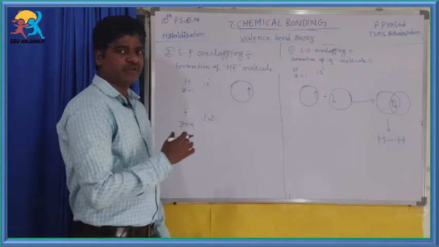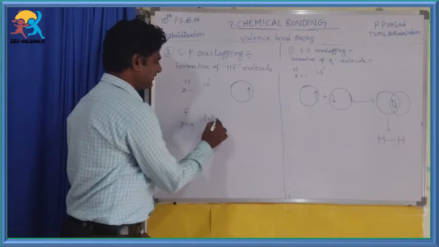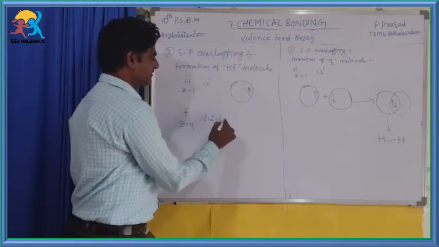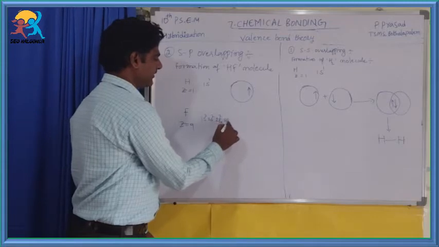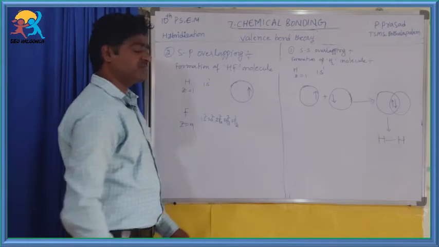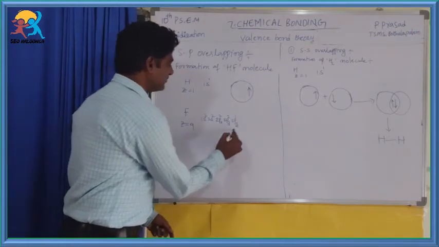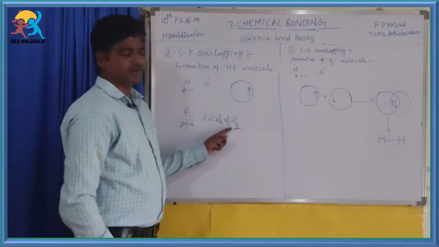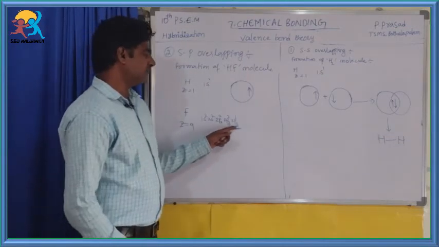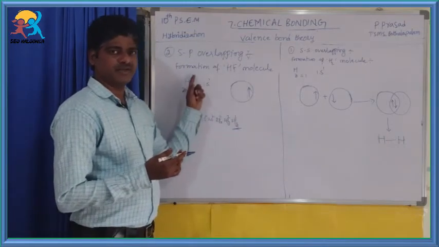So 2p5 here we have to write expanded: 2px2, 2py2, 2pz1. In which orbital is the unpaired electron? The 2pz has the unpaired electron, that means a single electron. So the 2pz orbital overlaps with the s orbital of the hydrogen atom.